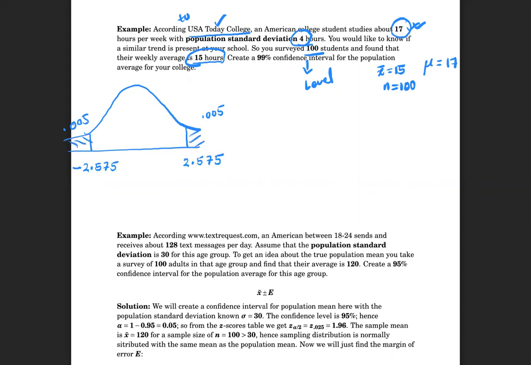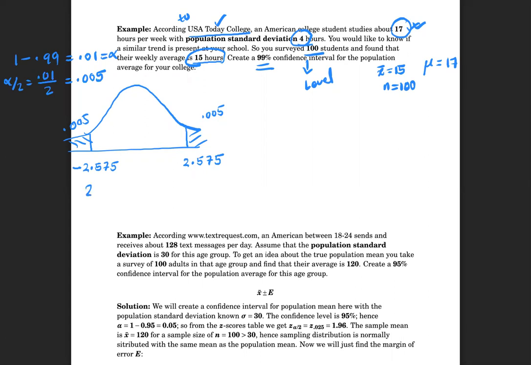How do I get that number? It's easy. 1 minus 0.99, which is 99% confidence, is 0.01. So that's your alpha, right? So alpha over 2 is going to be 0.01 divided by 2, which is 0.005. And that is how I get that.